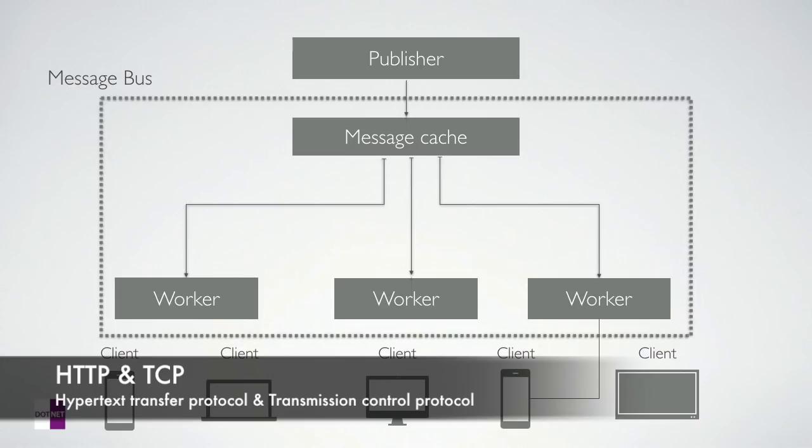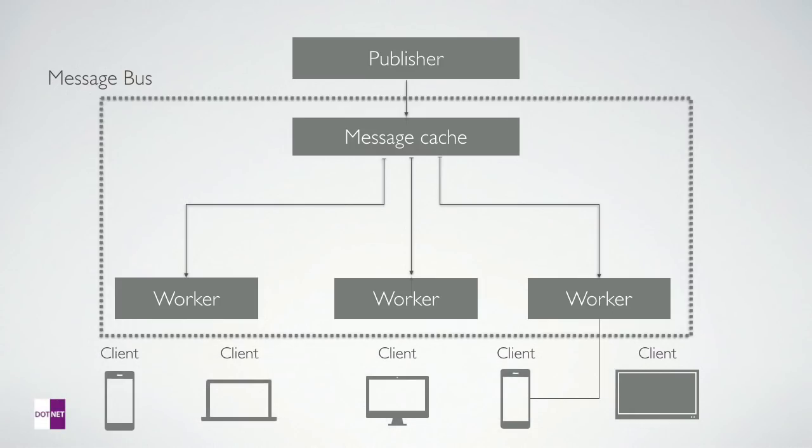The workers are specifically connected to specific clients, and also scheduled to work along with the clients. This entire section, the message cache and the worker sections, is called the message hub, which is responsible for handling the process between the publisher and subscriber.